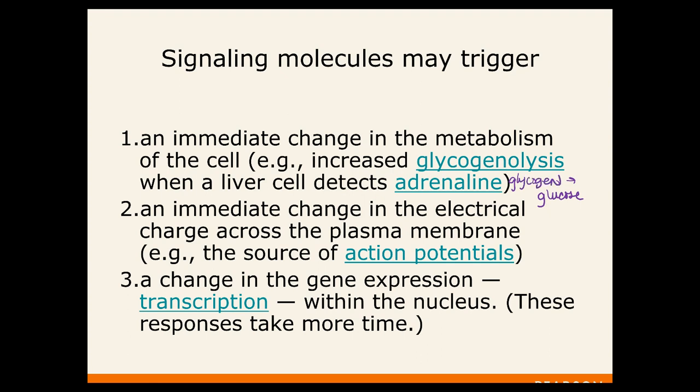There can be other effects, not in the case of glucagon. There can be other effects too. So you could see a change in electrical charge across the plasma membrane. This would be more the neuron physiology that we're not going into. You could have a change in gene expression. But what I want to focus on for this example is number 1. That's the one that we're going to focus on.